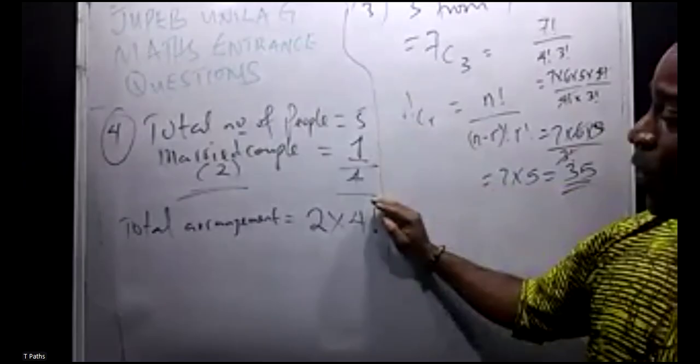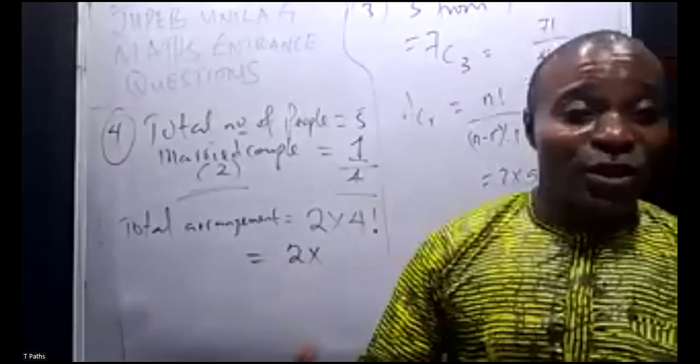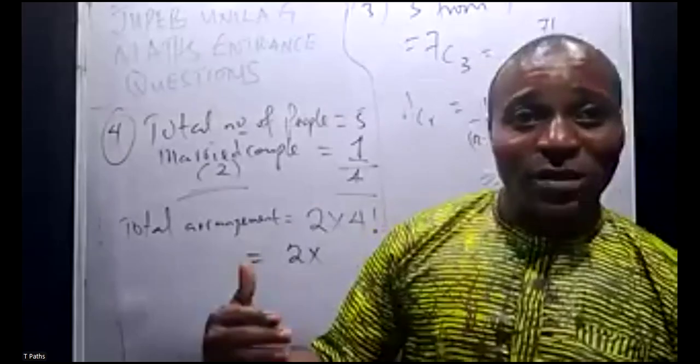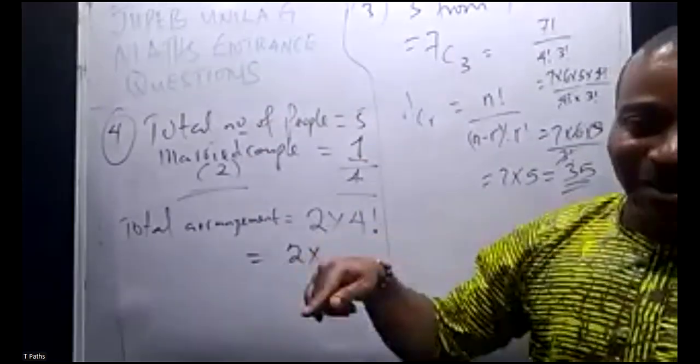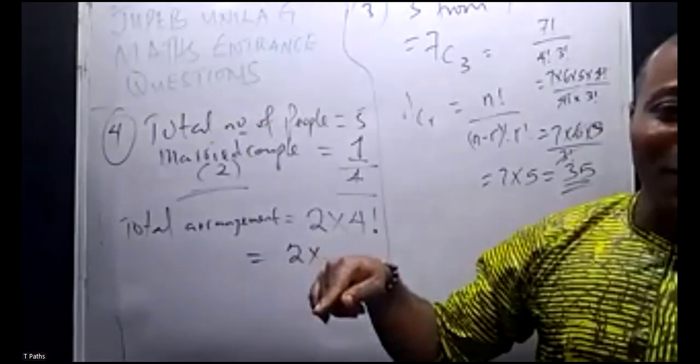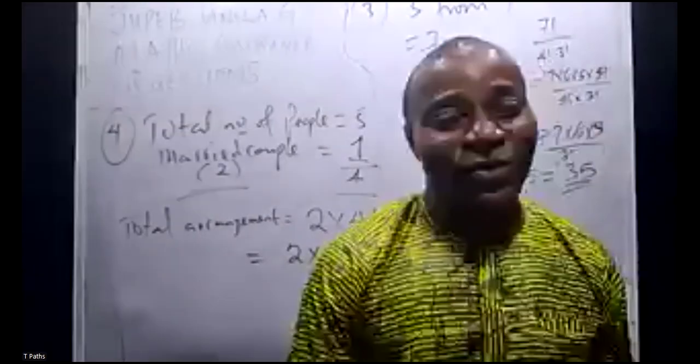Factorial is the representation of numbers denoted with that sign. Remember the definition I gave you about factorial. 0 factorial is 1, 1 factorial is 1, 2 factorial is 2, 3 factorial is 6.